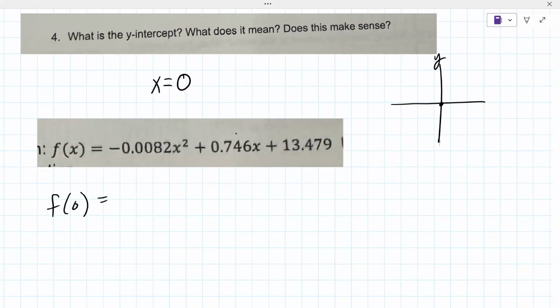Okay. Go ahead and calculate that for us.